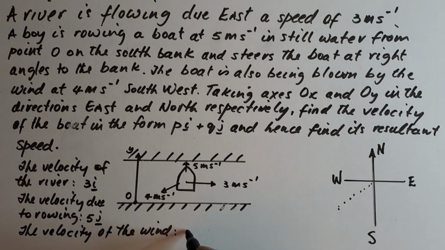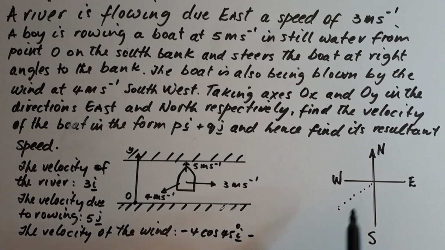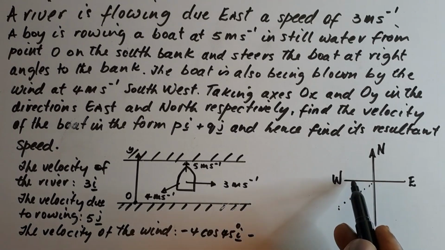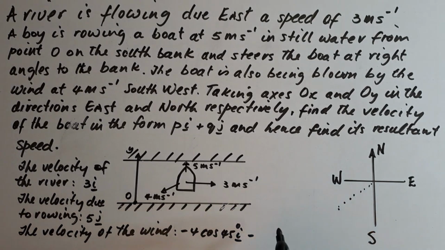So we'll have minus 4 cosine 45 degrees i, because we're resolving this in this direction, so it'd be pointing in the negative i direction, and minus 4 cosine 45 degrees j.